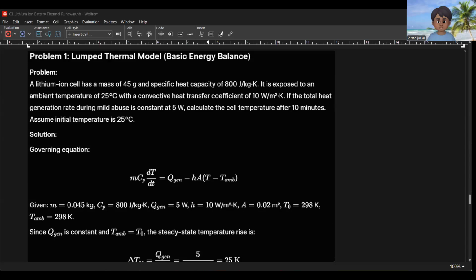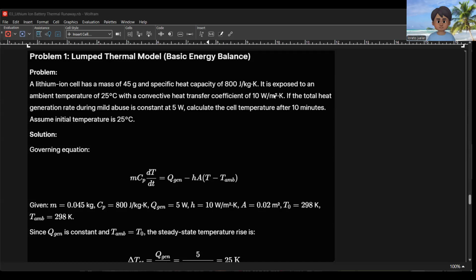Okay, so problem number one, lump thermal model, basic energy balance. A lithium ion cell has a mass of 45 grams and specified capacity of 800 joules per kilogram Kelvin.